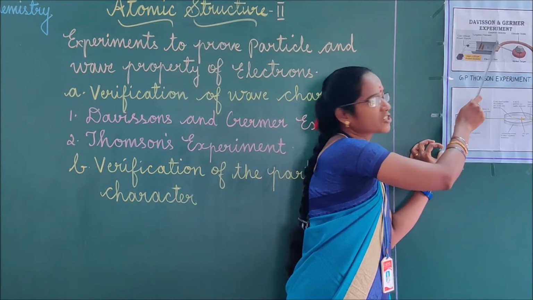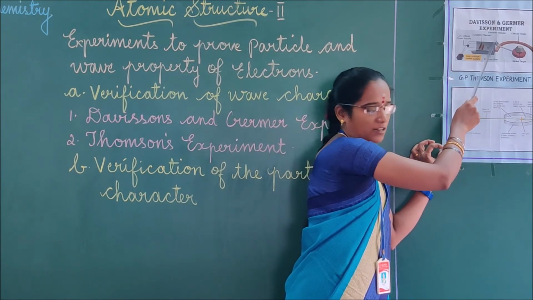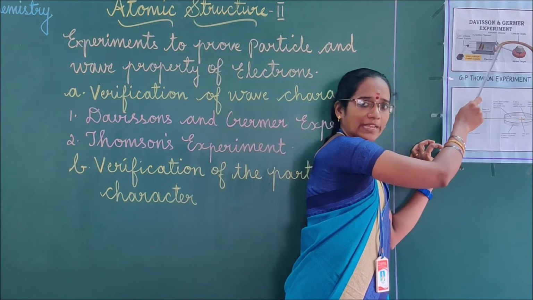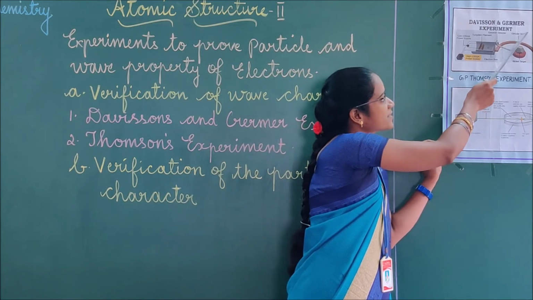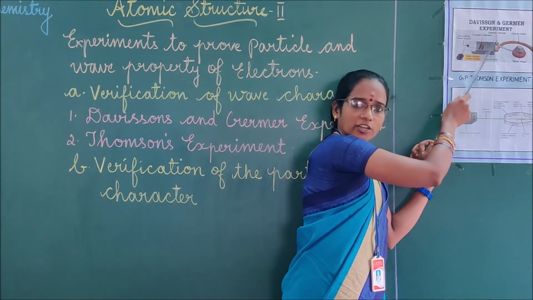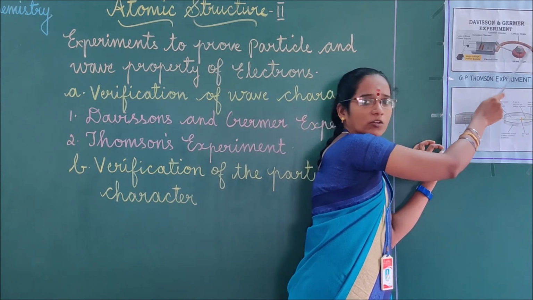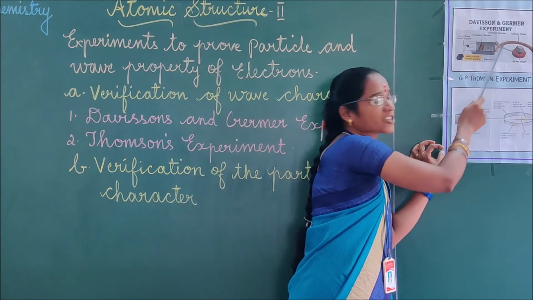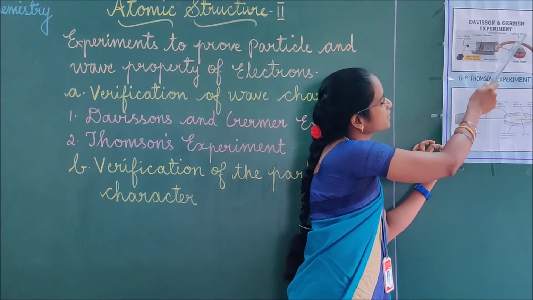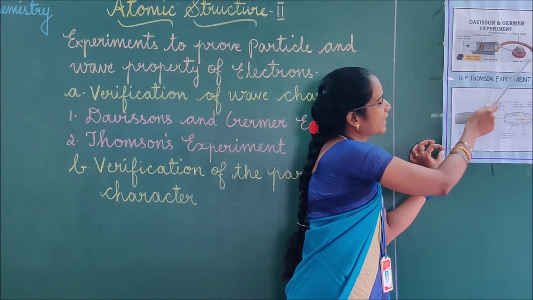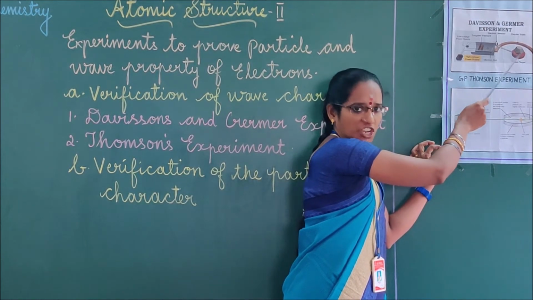That's what the electron detector was used for here, right? This is a circular scale and this is the nickel target.